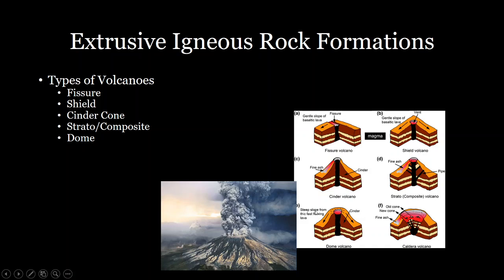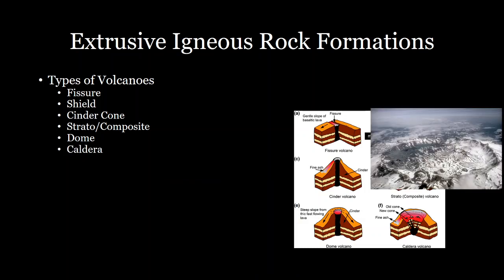And then the largest of volcanoes are called calderas. These are volcanoes that can cover entire regions, and they have their centers that have completely collapsed as magma flows up into them.